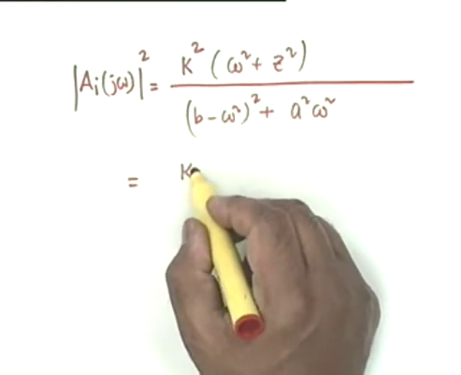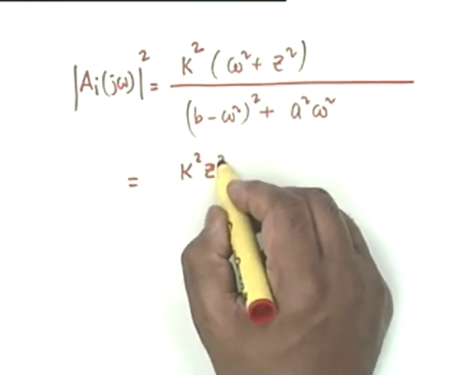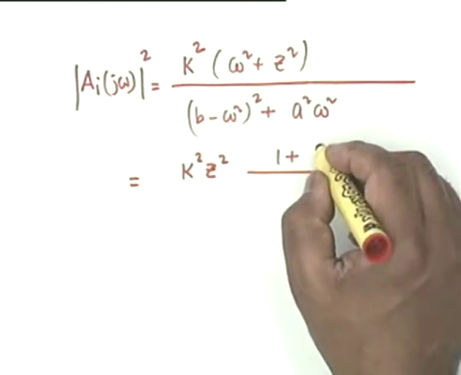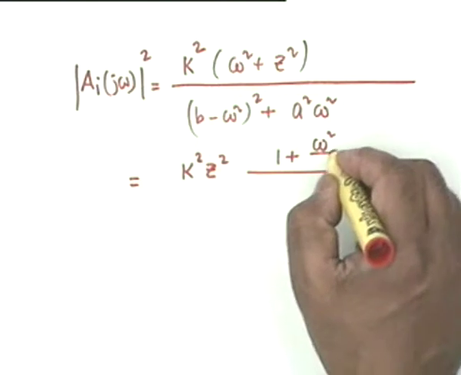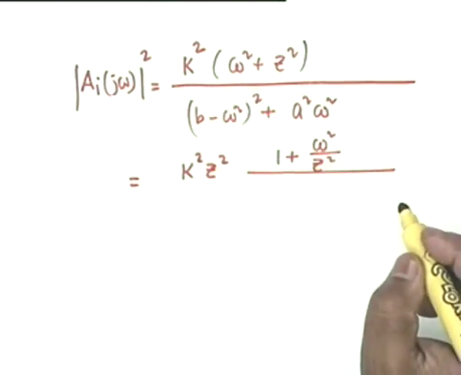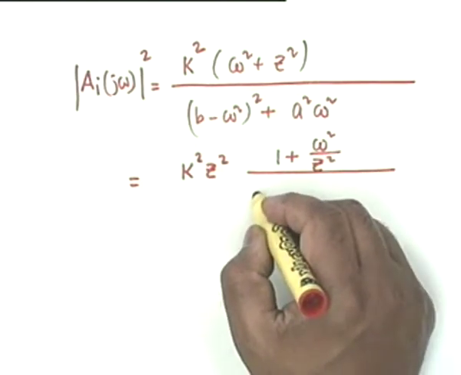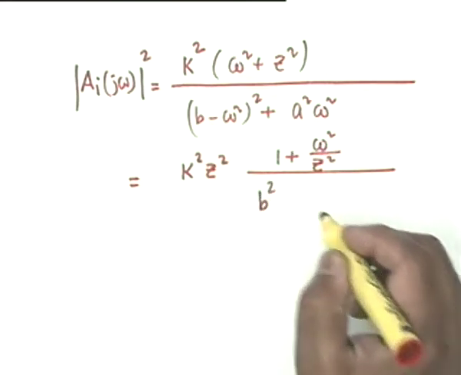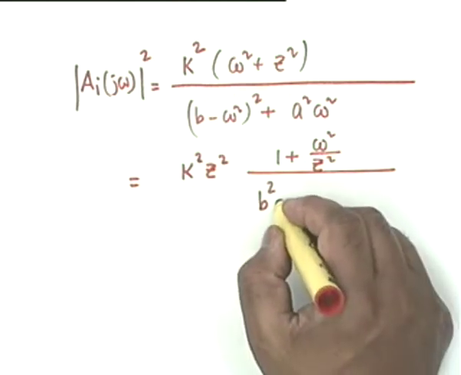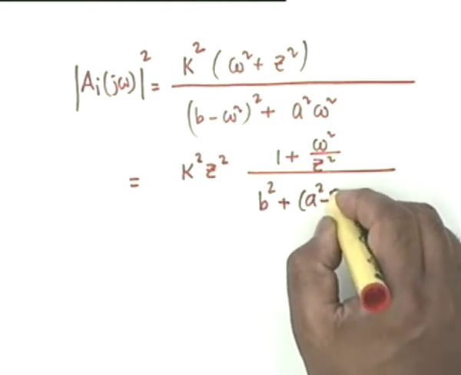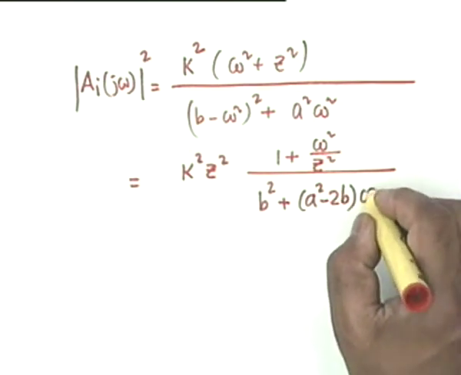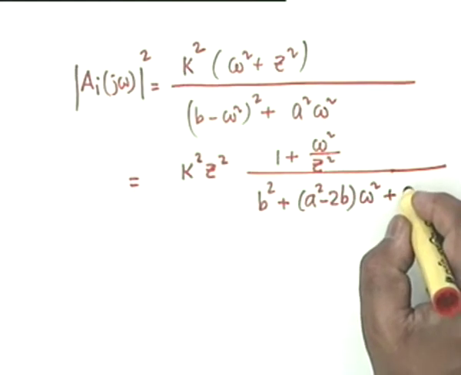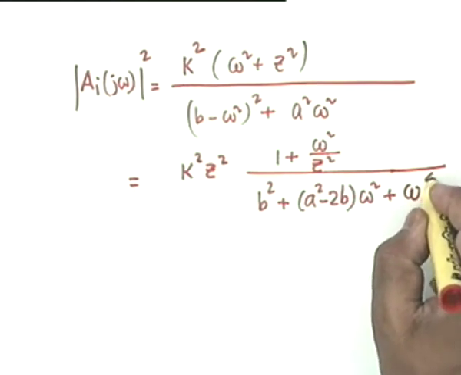This I can write as k squared z squared times 1 plus omega squared by z squared, and in the denominator I can write b squared plus a squared minus twice b omega squared, agreed, plus omega to the fourth.